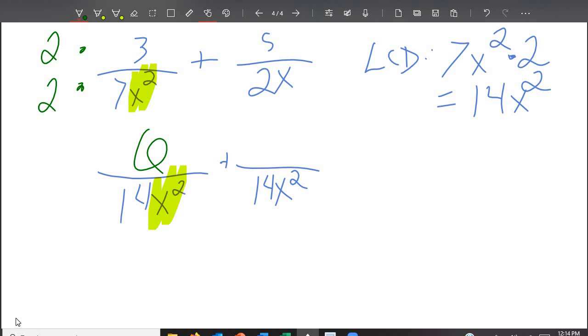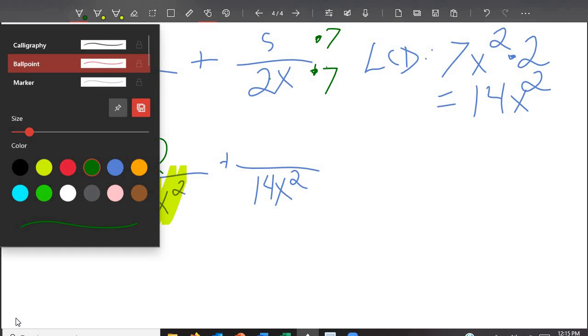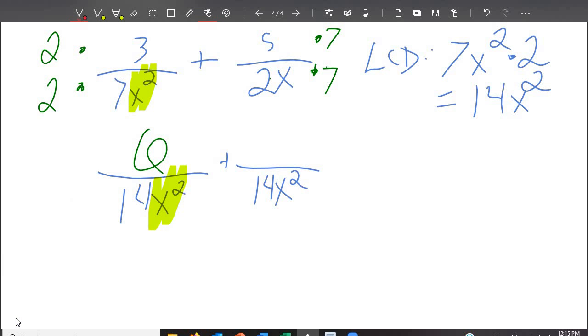6. Now over here, we've got to do a couple extra things. First, we look at the 2 and the 14. We have to multiply by 7, top and bottom. Now, notice I had 1x here. Let me circle it. There was 1x. Now it's 2 x's. So I'm going to need another x.